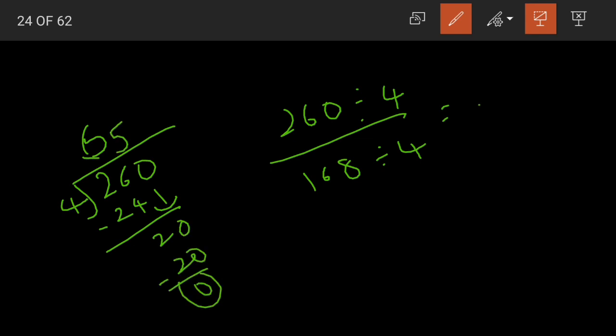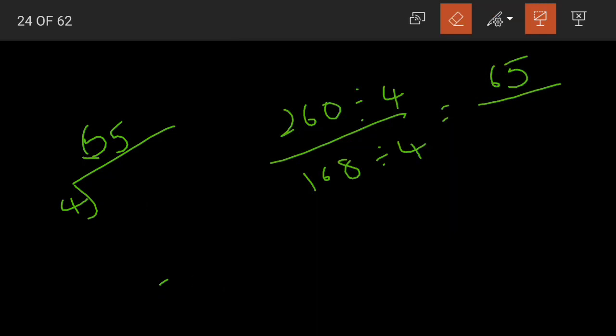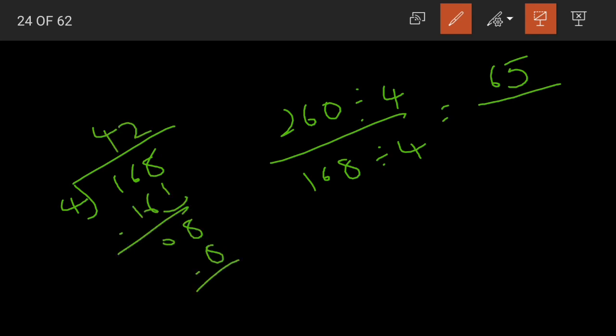So 65 is our answer. In the same way, we divide 168 also by 4. 4 4s are 16 and then 4 2s are 8. So 42 is our answer.